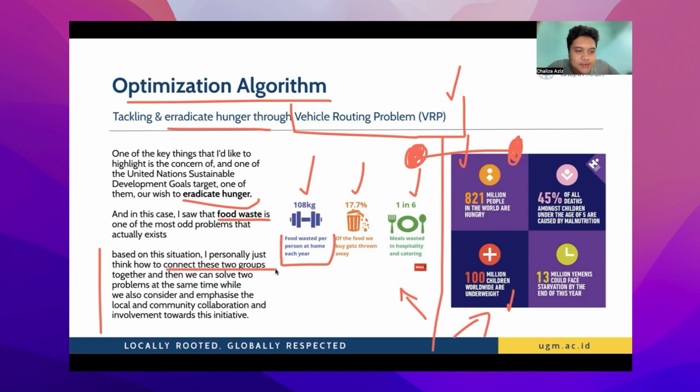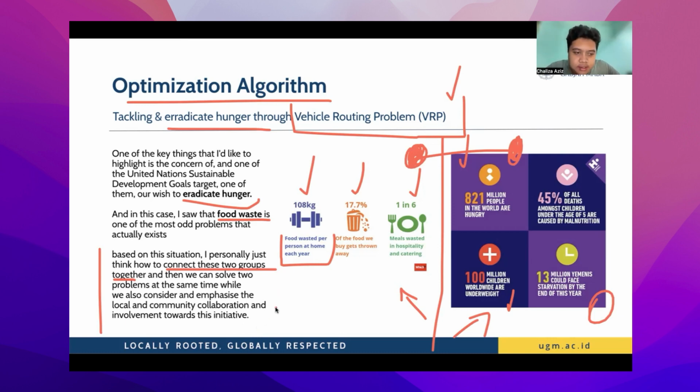We just connect these two groups, and even though these numbers here are from Yemen, I think we can see people in our community. Maybe the person living right next to our house, people begging for money at the intersection, or people who are working hard. Maybe they don't have clothes, and we can see that they have malnutrition, and at the same time we're wasting food.